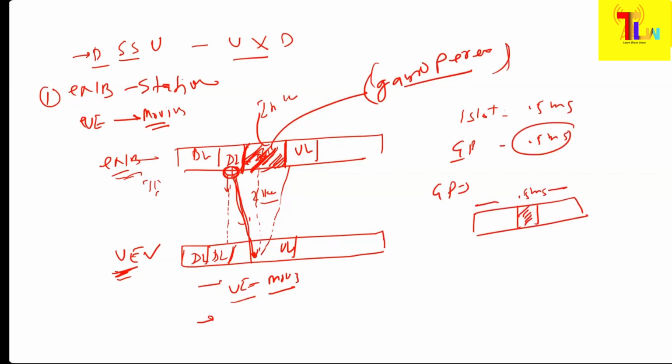Our constraint is that we have a slot and have to put the guard period in it, but we do not require 0.5 millisecond for it. So we put the guard period for whatever space is required, then the remaining space we utilize for downlink and uplink. This is for downlink and this is for uplink.